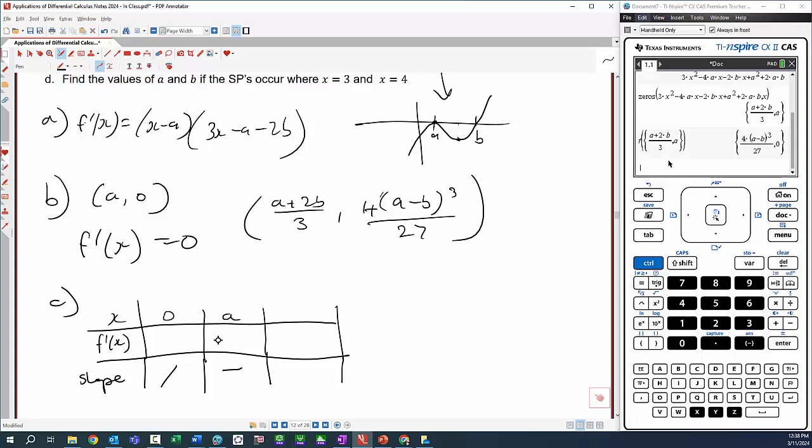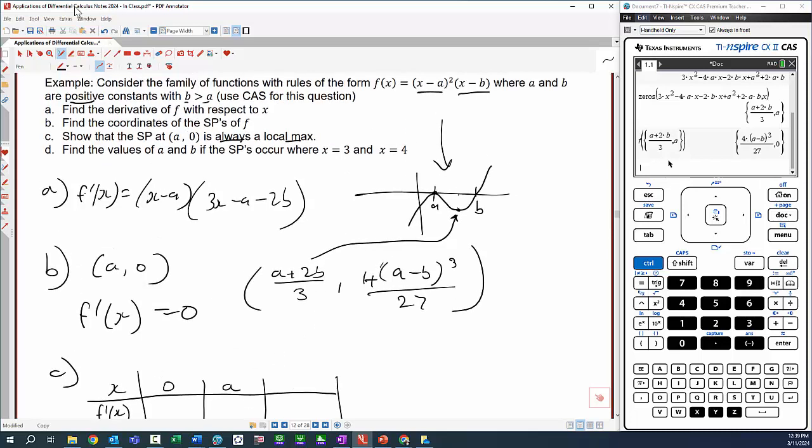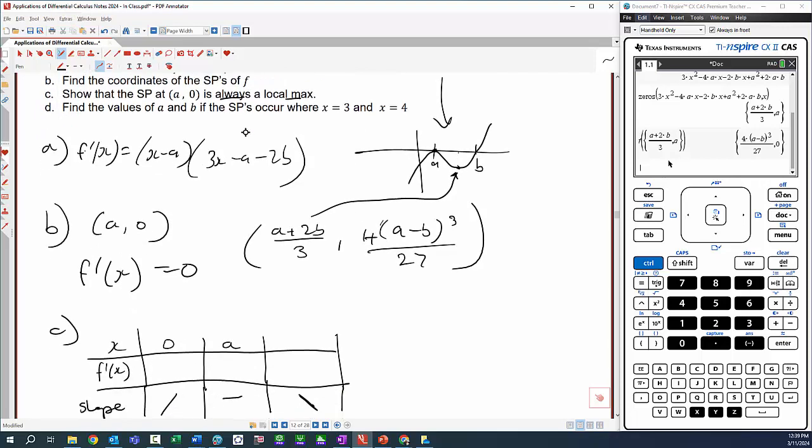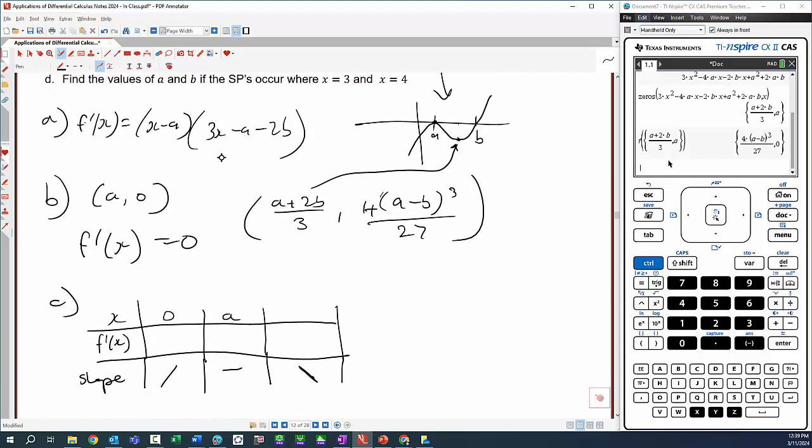At a itself, it's going to be 0, and between a and this other value, it's going to be negative, because we've got a negative gradient over here. This allows us to conclude that it is always a local max. It will never change. So let's go ahead and do that.